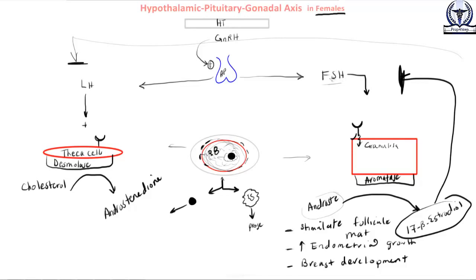One of the other things you need to know about estrogen is that it stimulates the transport proteins. Because remember, estrogen and testosterone are all cholesterol derivatives, so they're fat soluble. Therefore, in the blood, they cannot be transported unless they are bound to a protein.